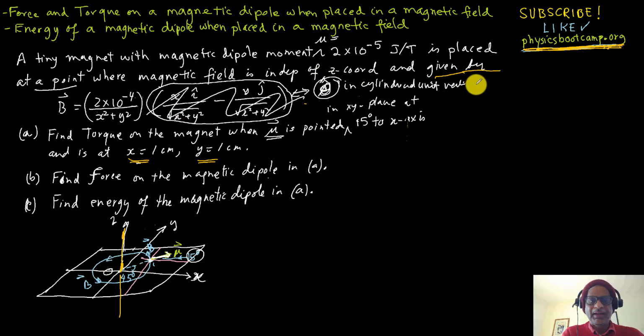Or you could write that as, if this is the angle theta, we're looking at the point from the origin, this theta.